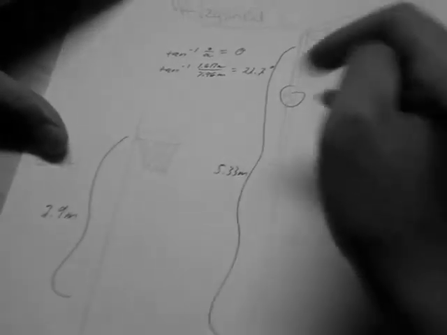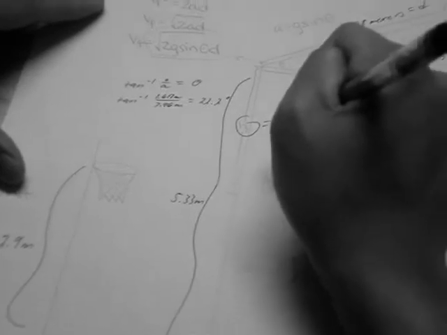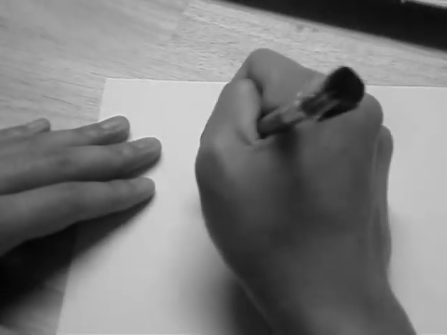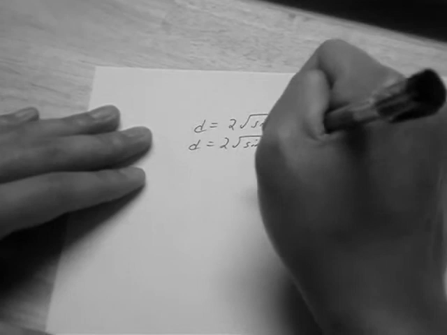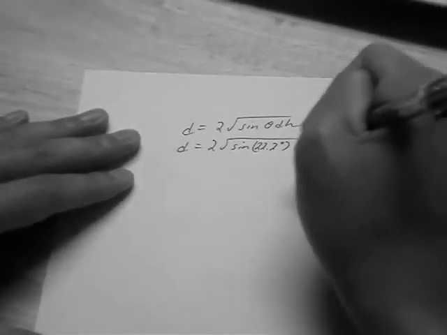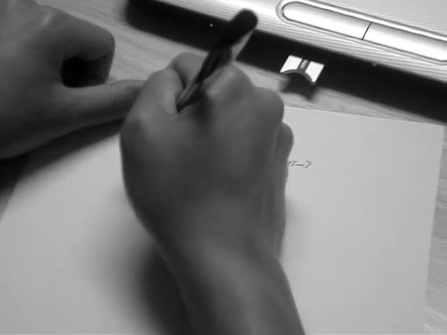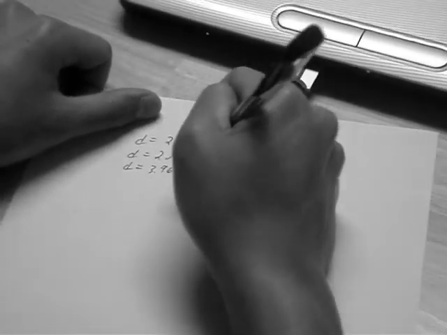So that means the h is equal to 2.43 meters. Finally, by plugging in the numbers in the equation, the distance of the hoop is 3.965 meters.